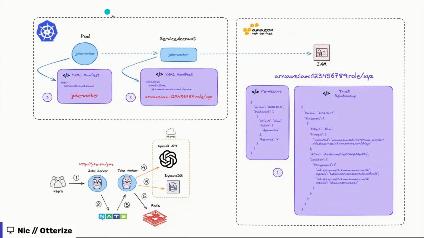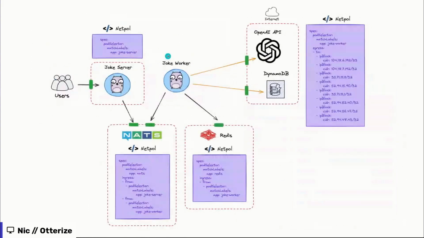Next, let's move to the network configuration. Network security configuration. So here from left to right, we need to restrict a couple of things. So first, we need to allow users to connect to the joke server. So all the network policy, of course, will be created in the application namespace.